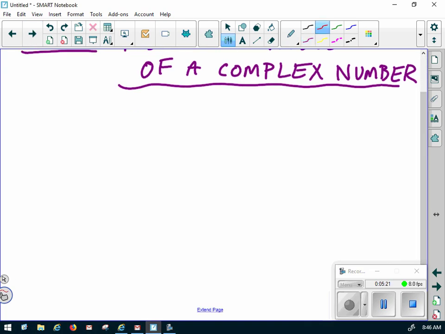Number one. What's the absolute value of 2 plus i? We're going to do 3 problems, okay? Absolute value means distance. I'm looking for the distance of that point away from the origin. So I'm going to use the Pythagorean theorem. What's a? a is 2.